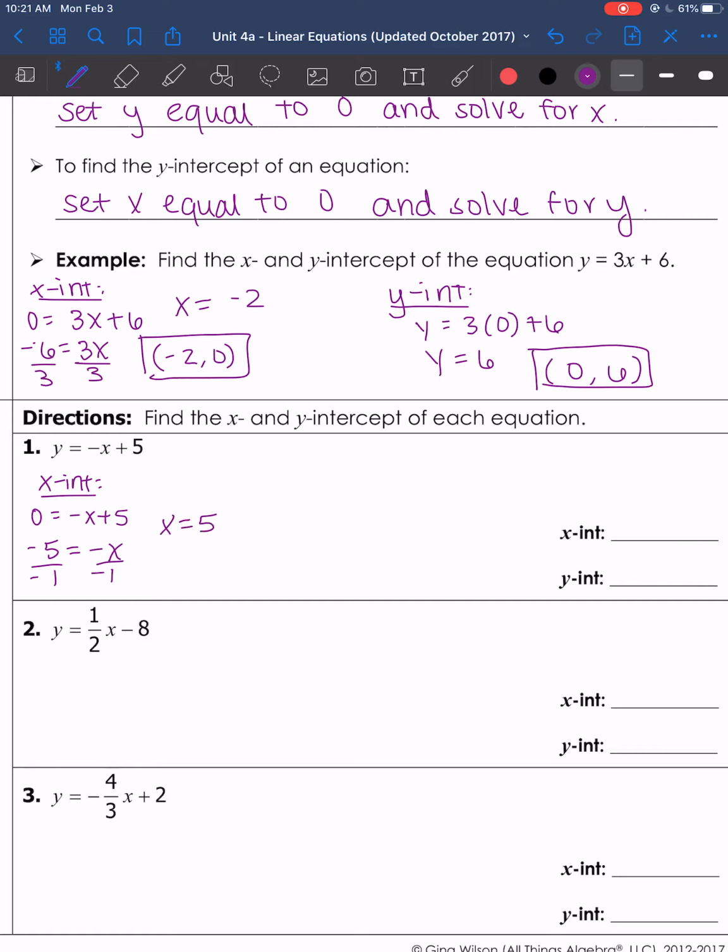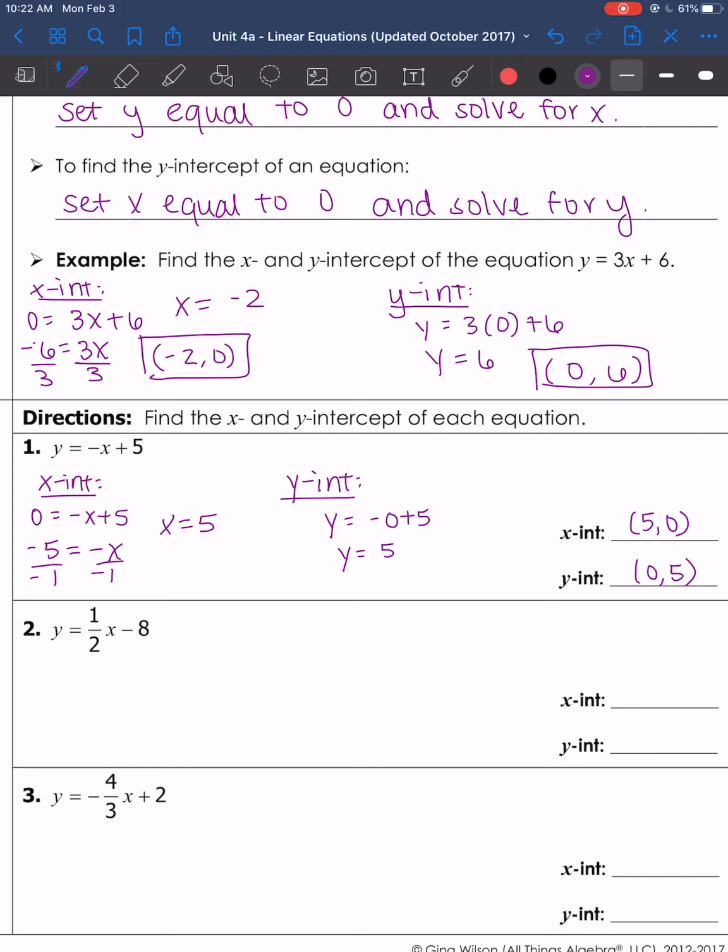So my point, which I'll write on this line over here, is 5, 0. And then let's find our y-intercept. y equals negative 0 plus 5. Well, 0 plus anything is just the number, so 5. And so my y-intercept is 0, 5.